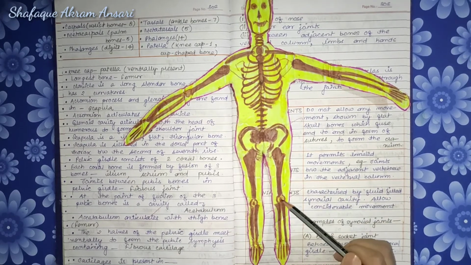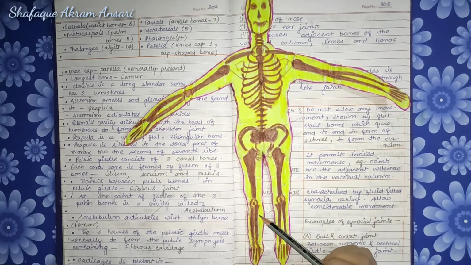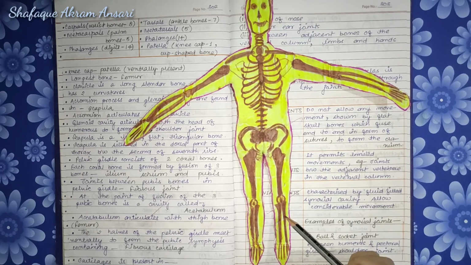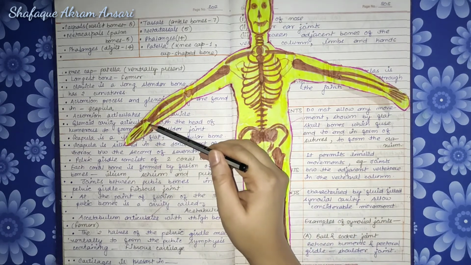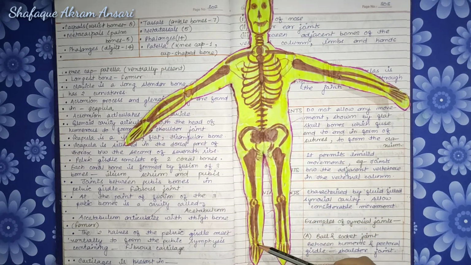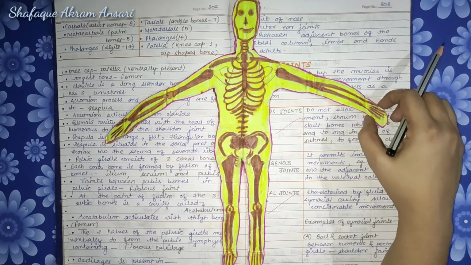On your knee, patella present ventrally, and in your leg, medially present the tibia and laterally the fibula. In your hand there are carpals, and in your foot there are tarsals, and then metatarsals and phalanges. And it was all about the human skeleton.